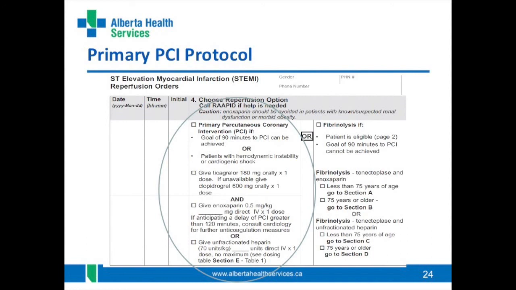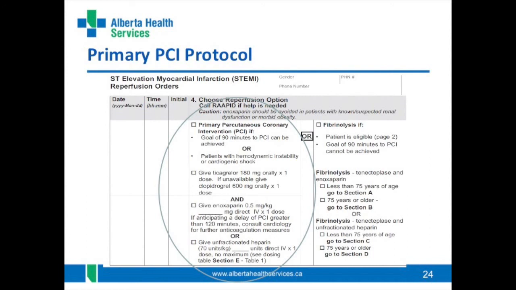So goal of 90 minutes to PCI, or if the patient is hemodynamically unstable, as mentioned before, we endorse a primary PCI strategy. Here again, ticagrelor 180 milligram bolus, and if unavailable, then the other choice is clopidogrel 600 milligram bolus.